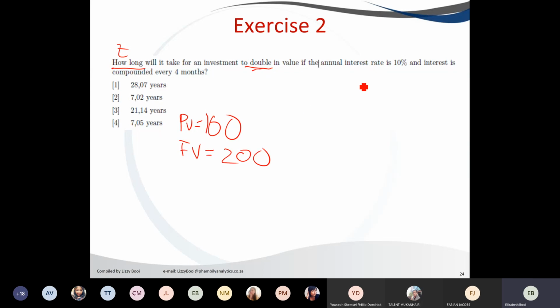That's that. And then here they give you your interest, which is your R, and they say it is compounded every 4 months. What does compounded every 4 months mean? What is every 4 months? Is it quarterly? A quarter has 3 months: 3, 6, 9, 12.